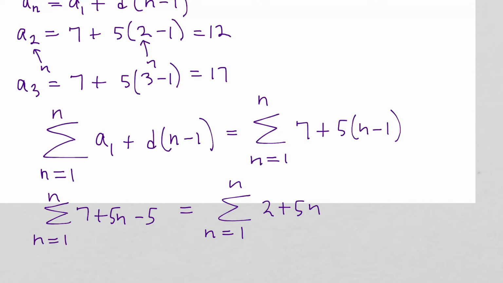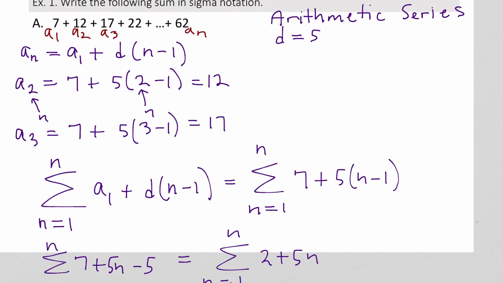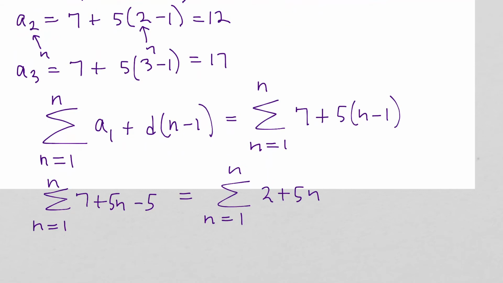So the last thing we need is this upper limit. All right, so we do know that the last term is 62. We just don't know what the index is yet. But we do know the formula.